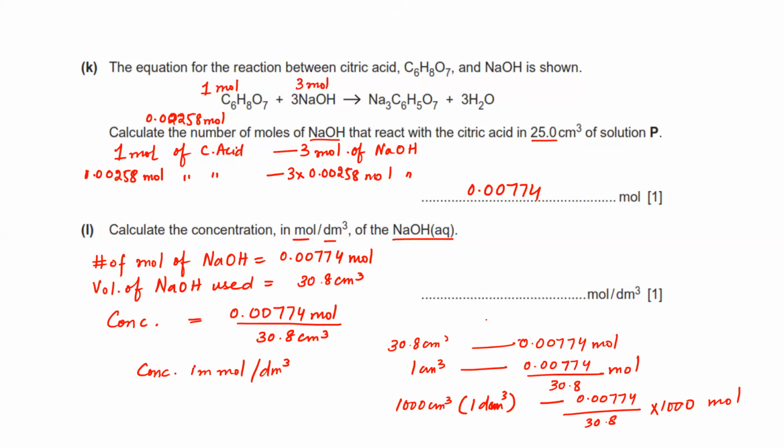So per decimeter cube, this comes out to be 0.251 moles per decimeter cube. Okay.